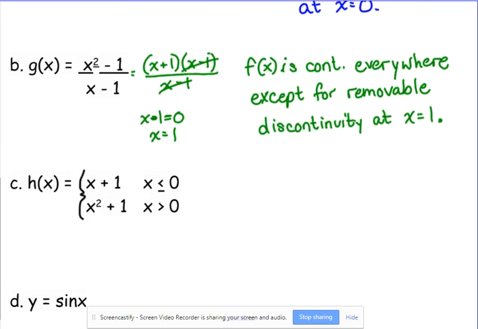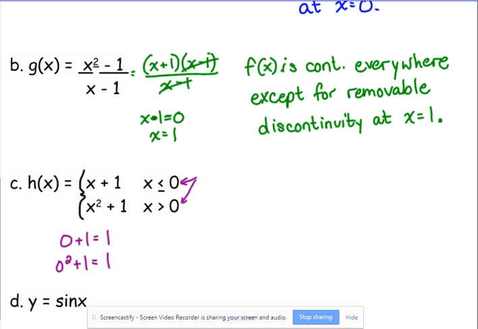Okay, let's look at h. h of x is x plus 1 when x is less than 0 and x squared plus 1 when x is greater than 0. It's a piecewise function, so you should be thinking the issue is going to be where we change. So we need to check the left-handed and right-handed limits. When we plug 0 into the first piece, we get 0 plus 1, which is 1. When we plug 0 into the second piece, 0 squared plus 1 is 1.